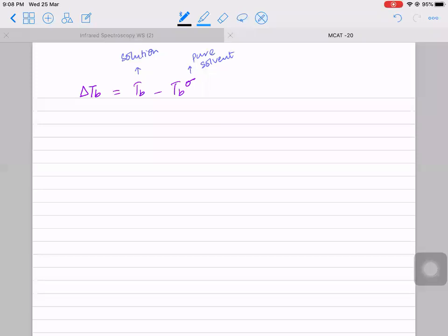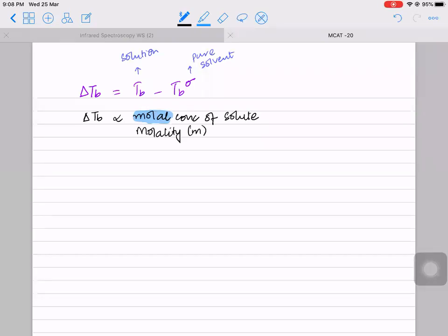Now we know that this is gonna be the elevation of boiling point, and you can find delta TB by this formula. You also know that delta TB is directly proportional to the molar concentration. Can I say this will be equal to the molar concentration of the solute? Now I'm using what here? Molar concentration. So I'm using what? I'm using molality, which is denoted by a small m.